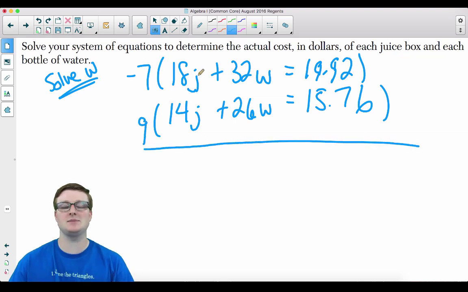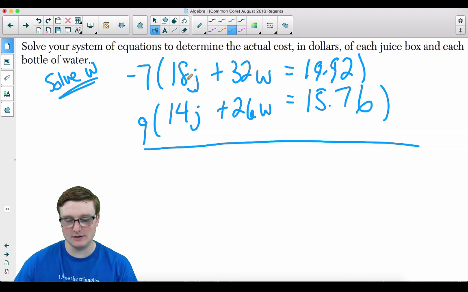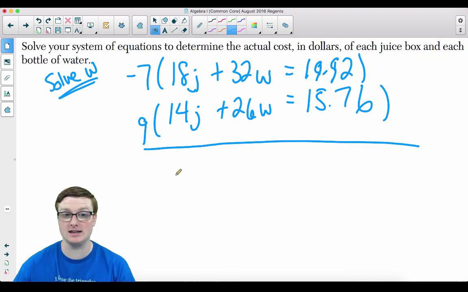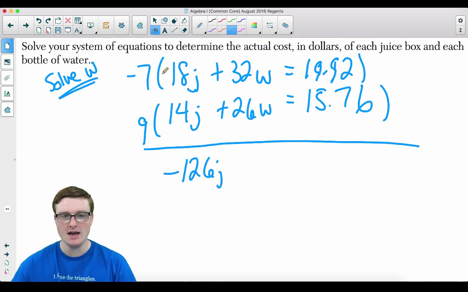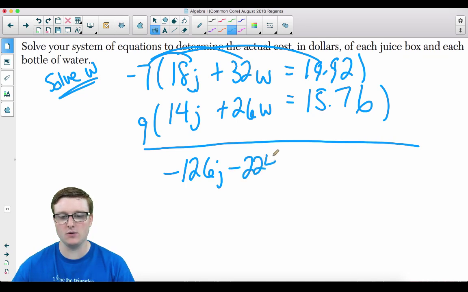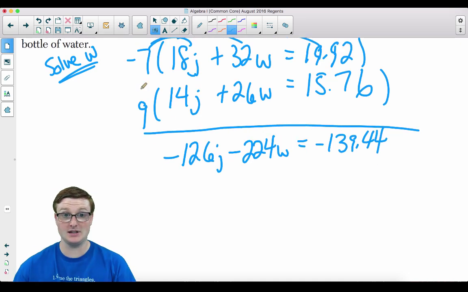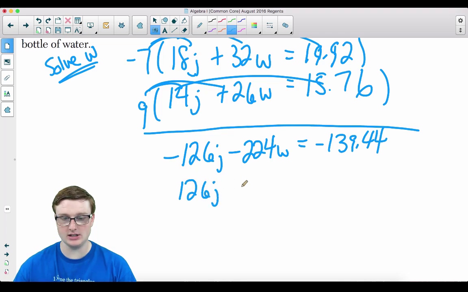Because the -7 times 18, that will make a -126. And then 9 times 14, that will give you +126. So we get -126J. And that -7 distributes to everything. So we get -224W is equal to -139.44. Down here, we distribute that 9. We get 126J plus 234W.